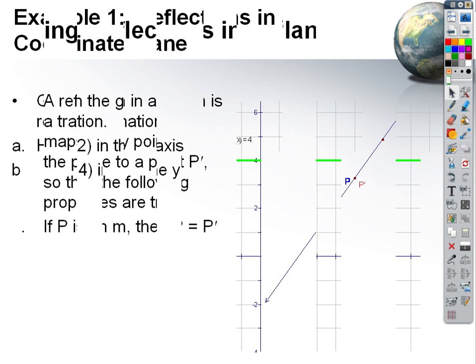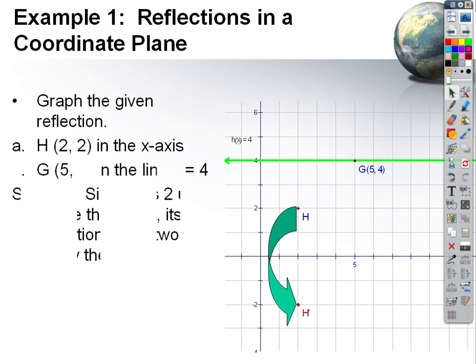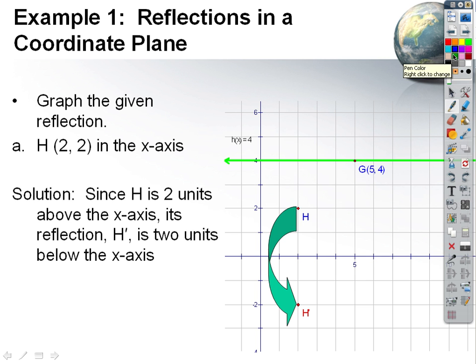Okay, what about this? Real quickly here. You're going to ask me to do a lot of this kind of stuff on the assignment. Graph these given reflections. Let's take point H with coordinates 2, 2. So over 2 and up 2. Right? And let's reflect that in the x-axis.